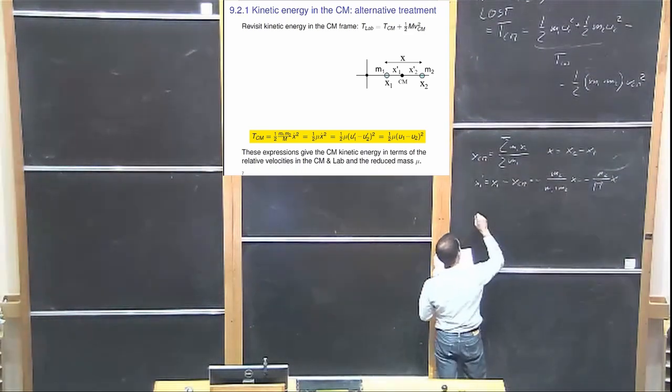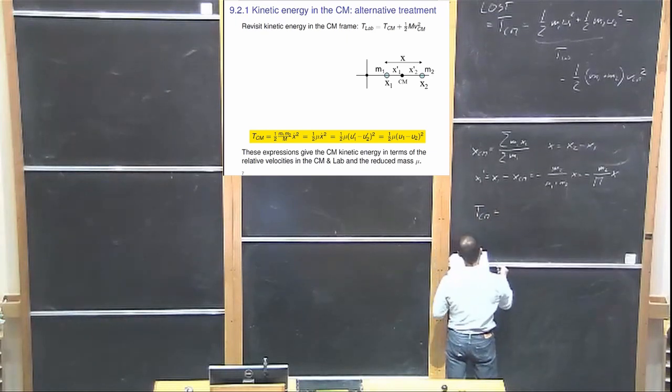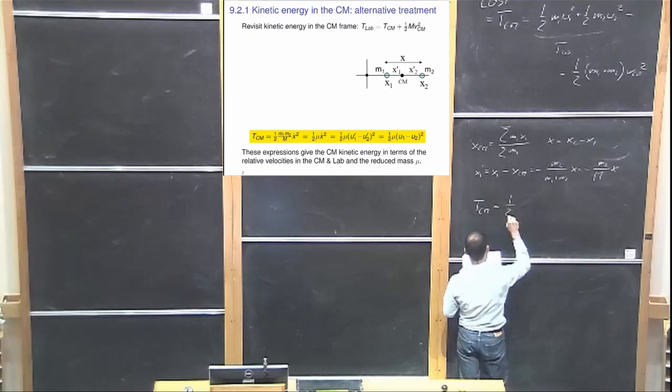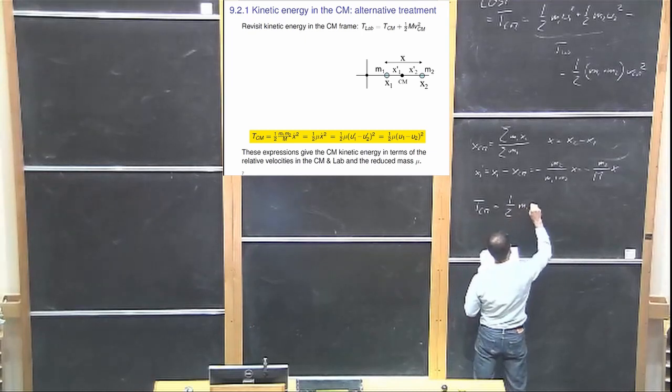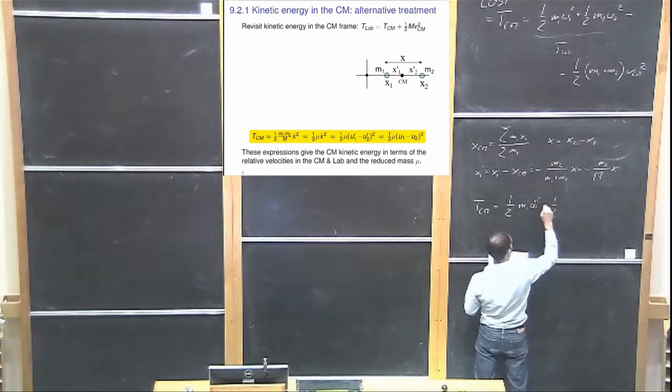Now, T_CM, kinetic energy in the center of mass frame, is 1/2 m1 u1 prime squared plus 1/2 m2 u2 prime squared, sorry, forgot the prime there.